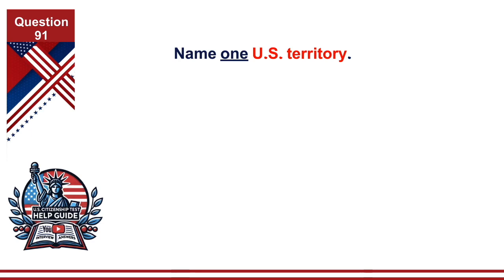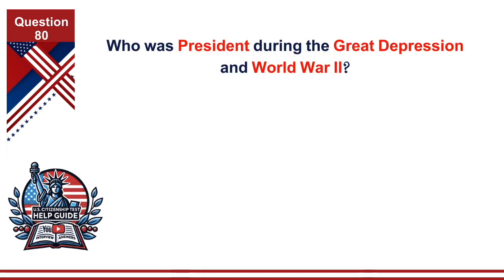Name one U.S. territory. Guam. Who was president during the Great Depression and World War II? Franklin Roosevelt.